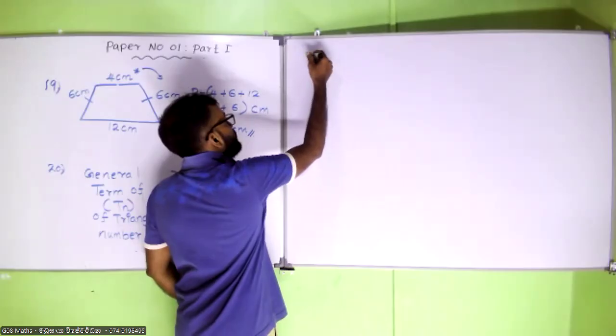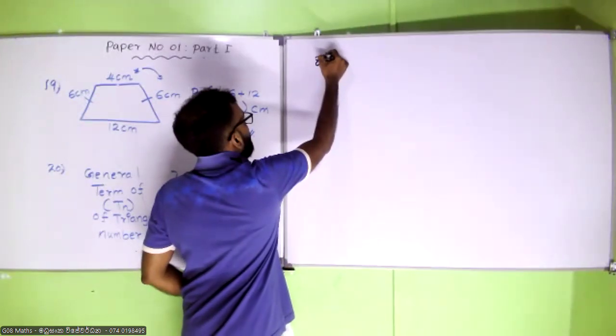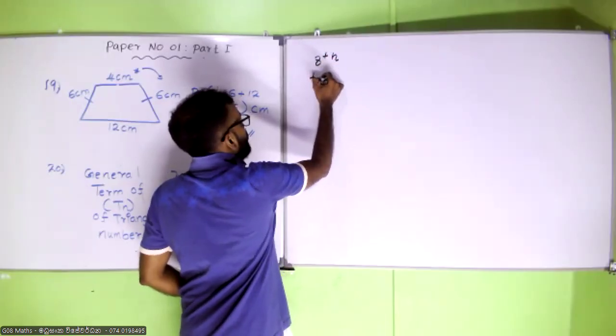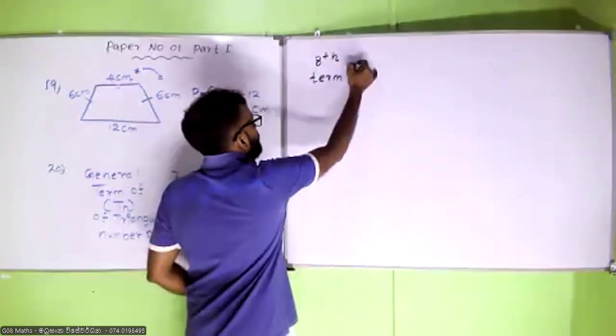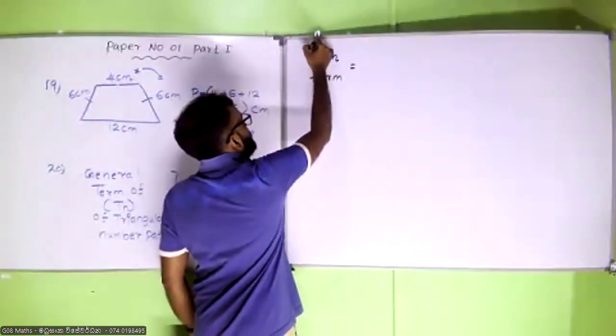Right. So the 8th term, if you want to find the 8th term, right, we are going to substitute n equals 8.